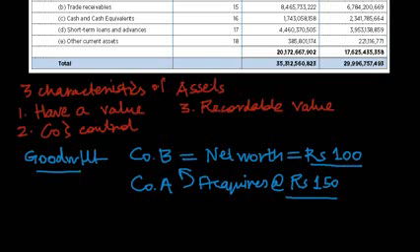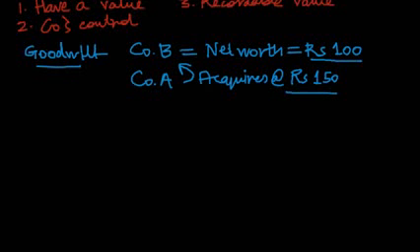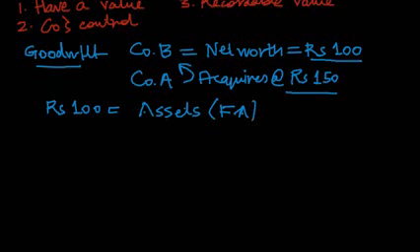Now when you create a consolidated account statement of company A, what will happen is rupees 100, which is the value of equity and also assets of company B, will go onto the asset side, your fixed asset side, and on the liability side it will go as equity or net worth, because it has been bought out, worth rupees 100.